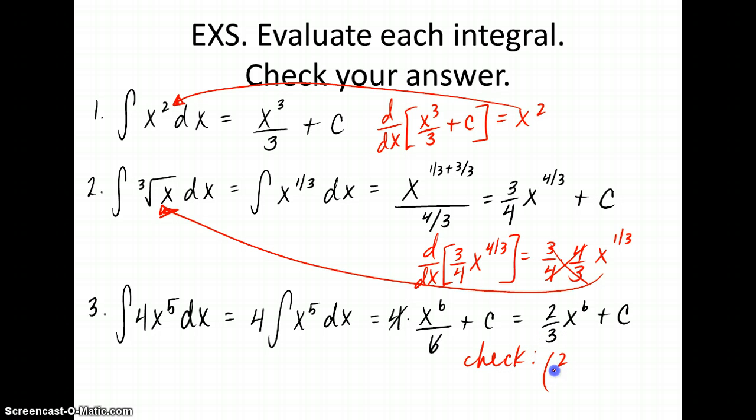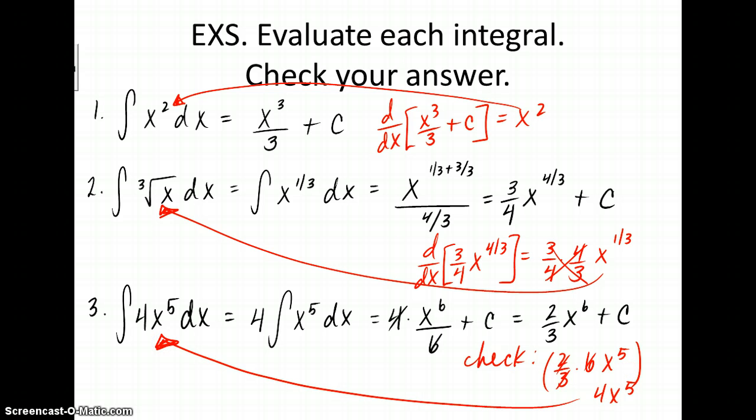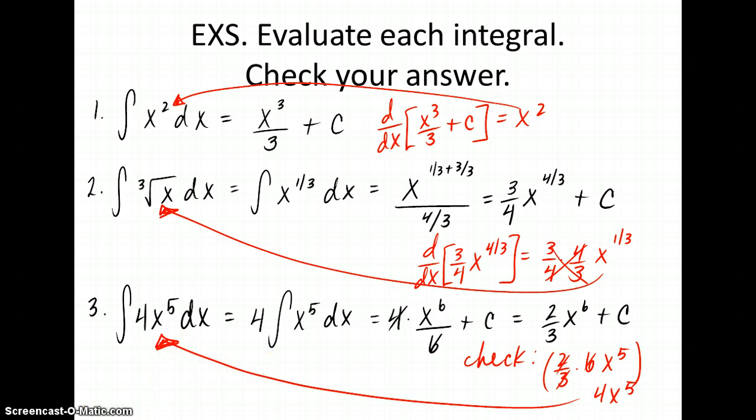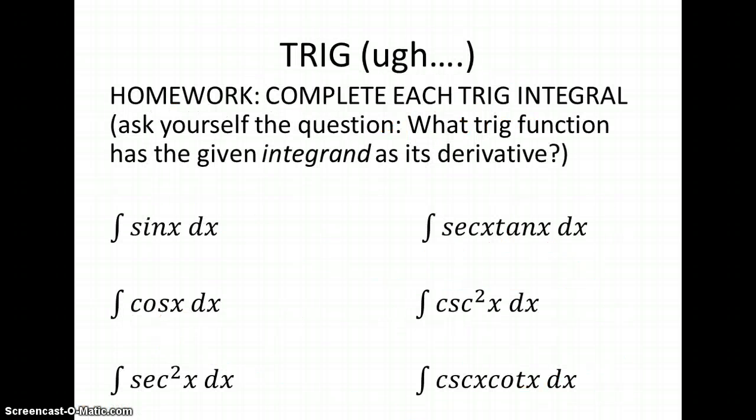Check the answer. 2/3 times 6, x to the 5th power, 4x to the 5th, and that's my original. Oh, did I not leave? Okay, I didn't leave enough room.